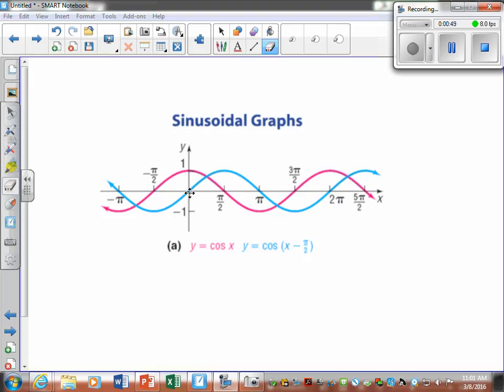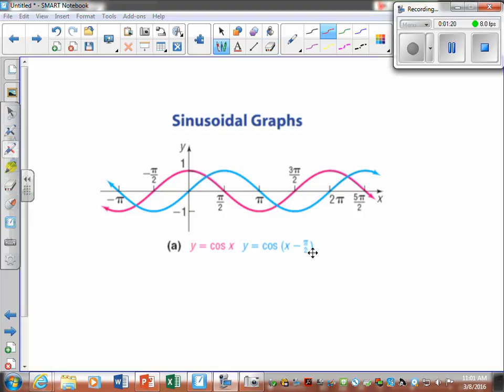Now, tell me, what does the graph of the blue one look like if I focus in from here, 0, 0, to here? It looks exactly like what? The sine function. So that's great. I'm glad you see that. So basically, what this is saying is the pink function, which we clearly know is the cosine of x, also can be expressed as the cosine of x shifted to the right pi halves.